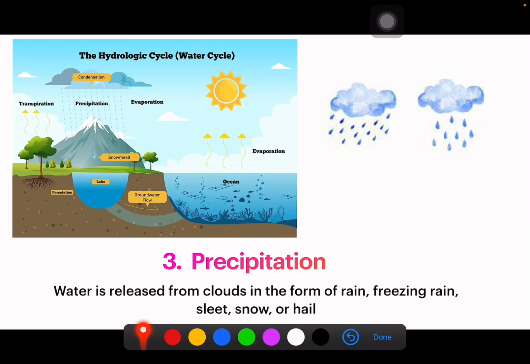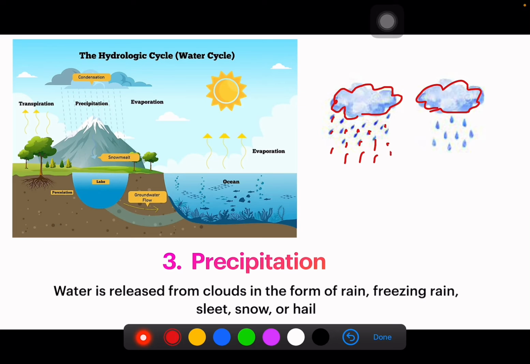The third process in the water cycle is precipitation. Water is released from clouds in the form of rain, freezing rain, sleet, snow, or hail. As you can see here, a cloud is liquid water and water is released from the cloud.